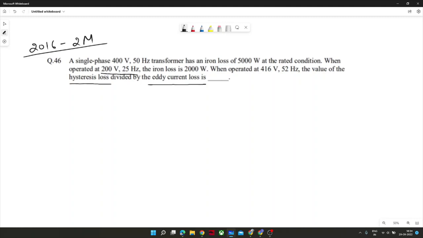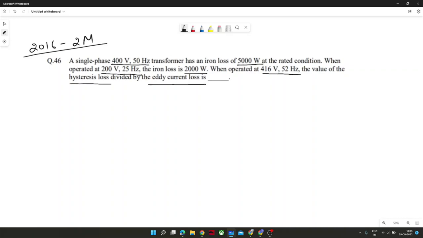The first operating point is 200 volt 25 hertz, with iron loss given as 2 kilowatt. Another operating point is 416 volt 52 hertz, where we had to calculate the losses. And the other operating point was 400 volt 50 hertz, with iron loss given as 5 kilowatt.